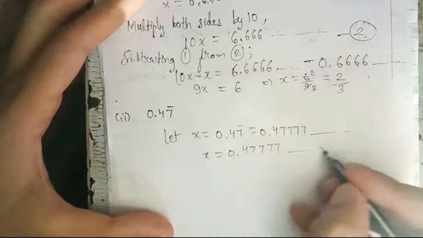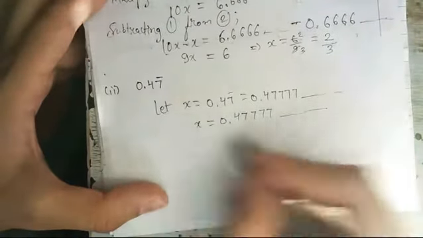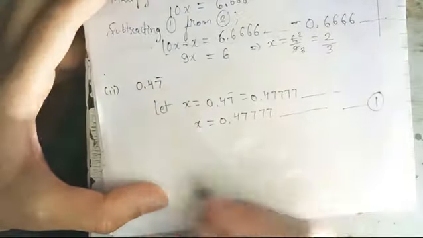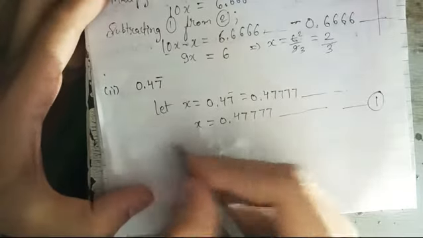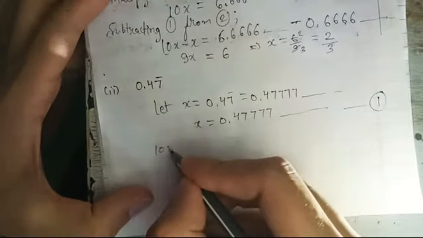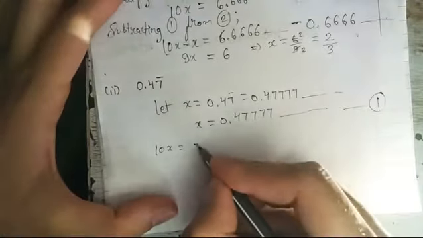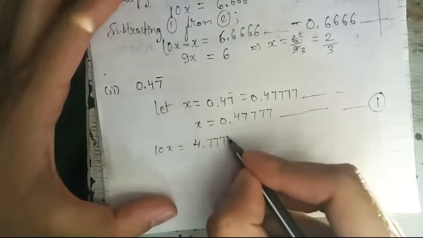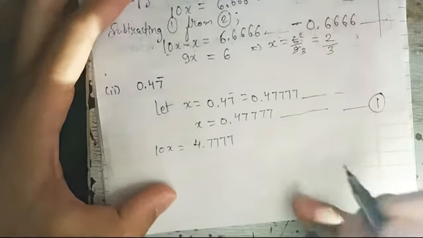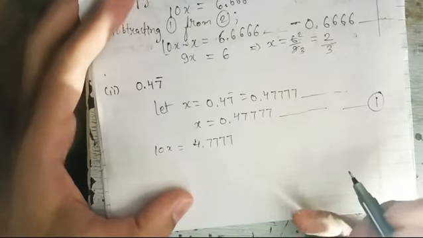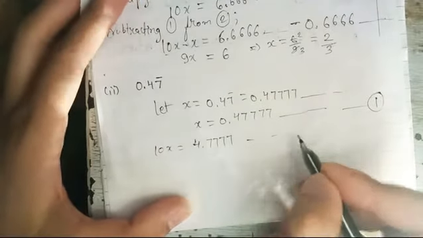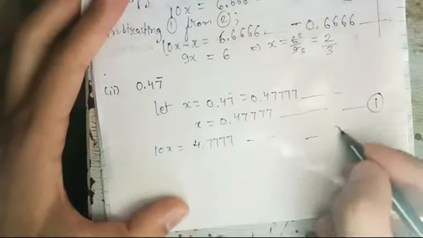Mark it as first equation. Multiplying both sides by 10, you will get 10x is equal to 4.7777 and so on. Now mark it as second equation.